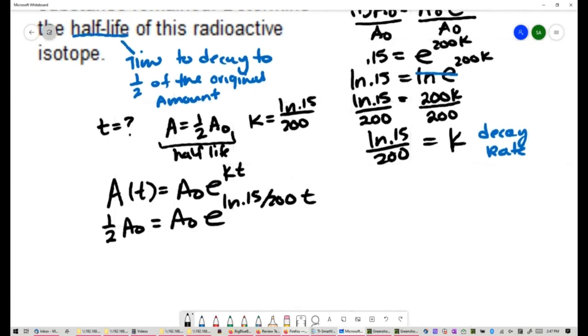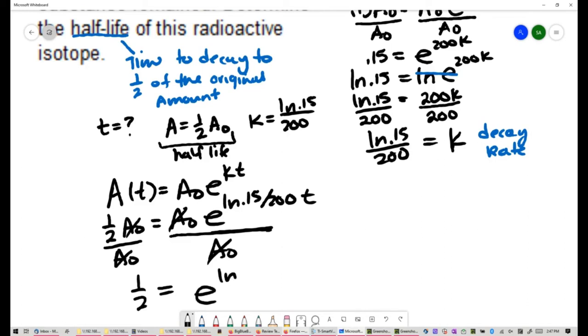So we're going to solve this exponential equation by dividing by A naught on both sides. That cancels out A naught on both sides, leaving us with 1/2 equals e to the natural log of 0.15 over 200 times time.